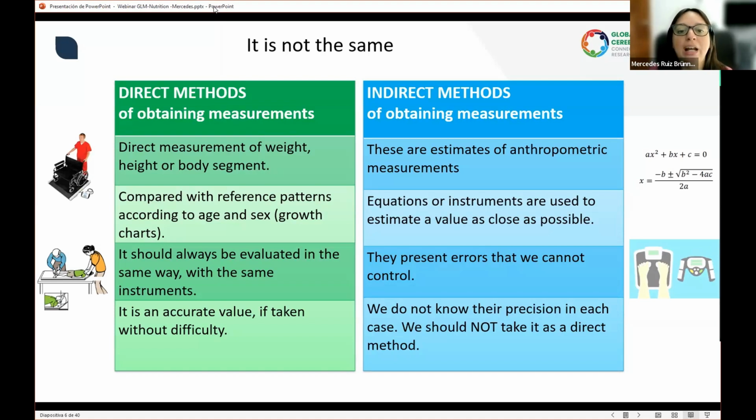When we write it down in the clinical history, we should write that we got this weight, for example, from an estimation equation, or that we had complications measuring height. It should be explained in the clinical history what type of method we used to obtain the anthropometric measurement.